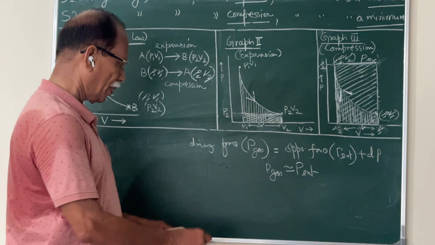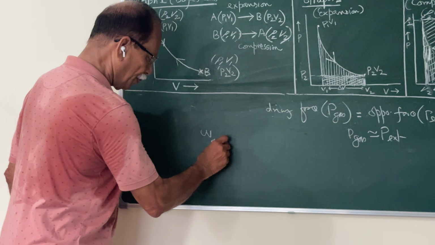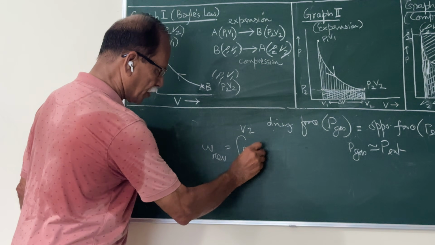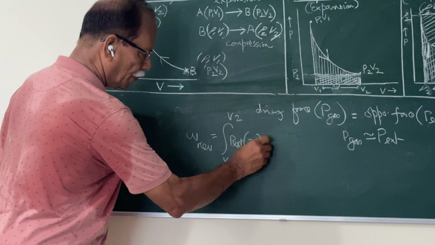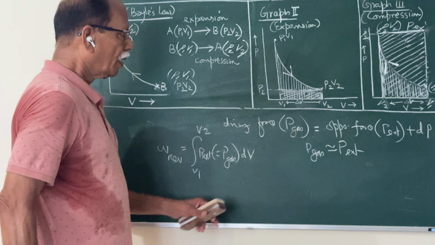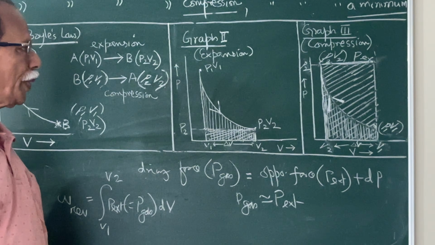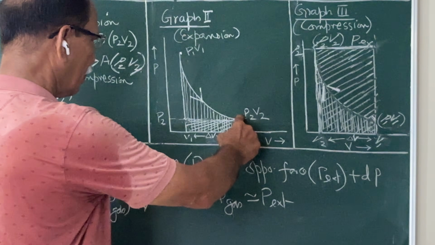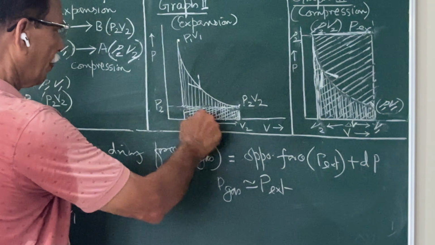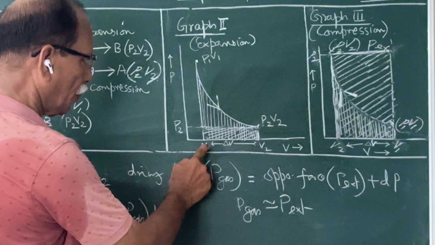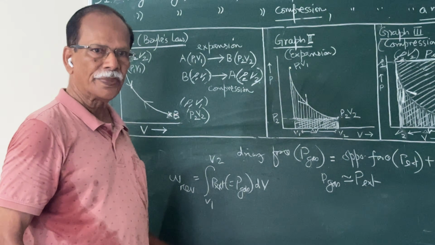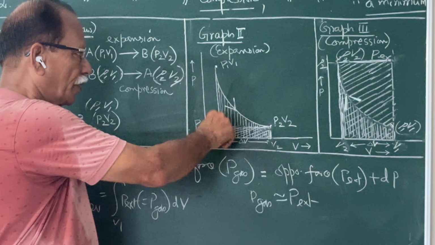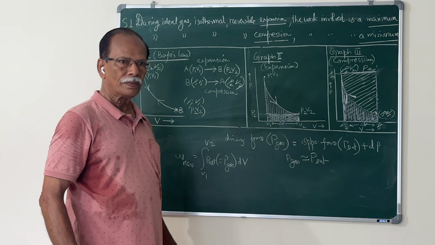And the work involved, W reversible, equal to the integral from V1 to V2 of P external, which is now the pressure of the gas, PdV, is the area enclosed between this hyperbolic curve, the volume axis, and the vertical lines V equal to V1 and V equal to V2. I have noted this area by shading the space with many vertical lines.